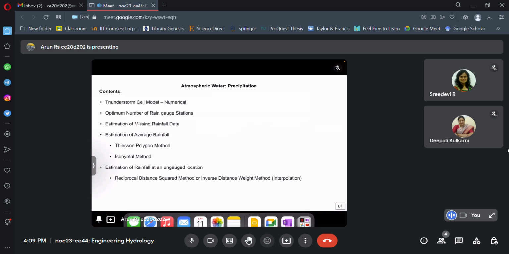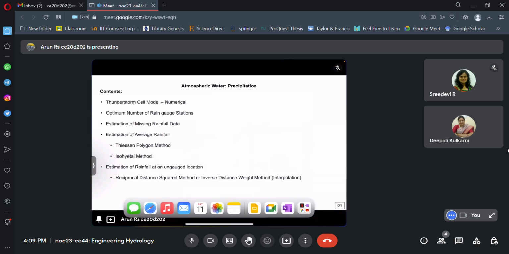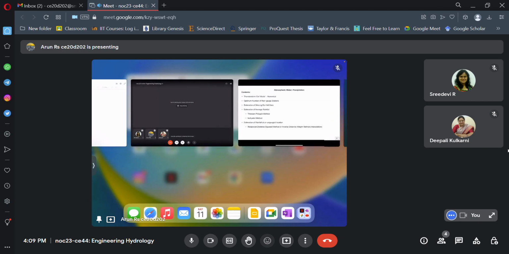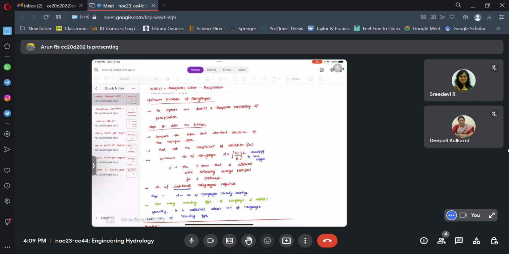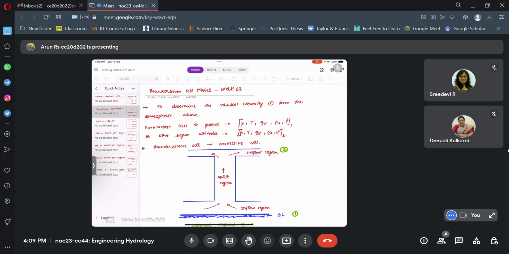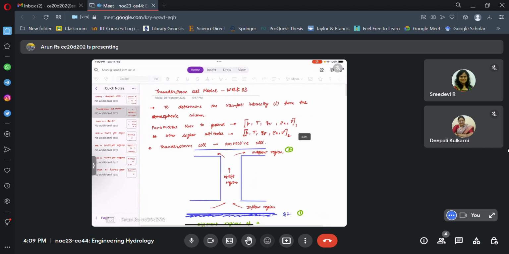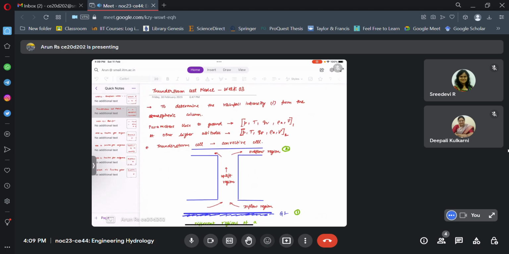Okay, we'll move on to the thunderstorm cell model. So the thunderstorm cell forms due to the effect of convection when there is a hot and humid day, when there is much moisture present in the air.